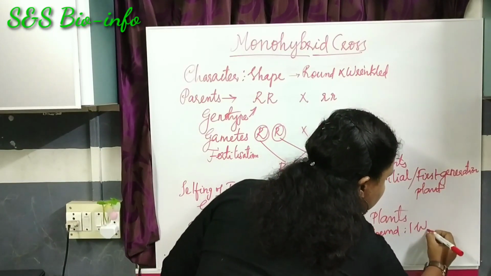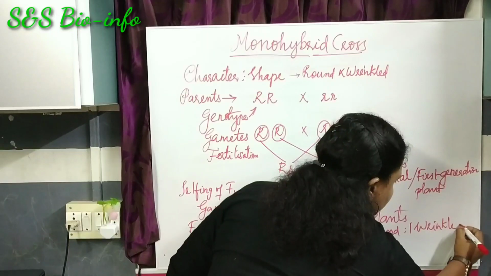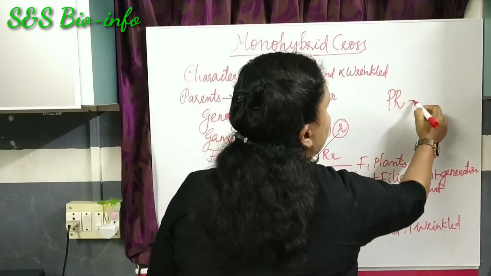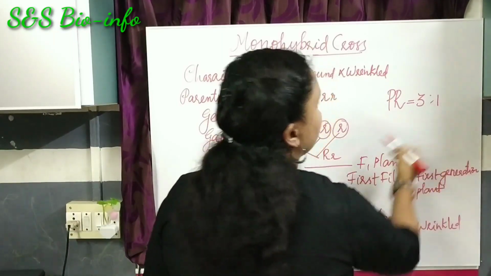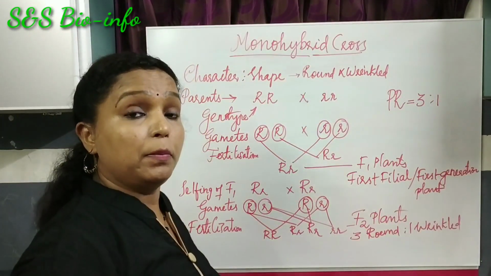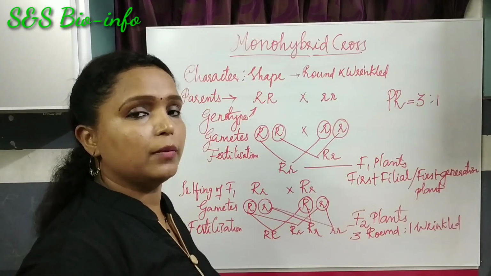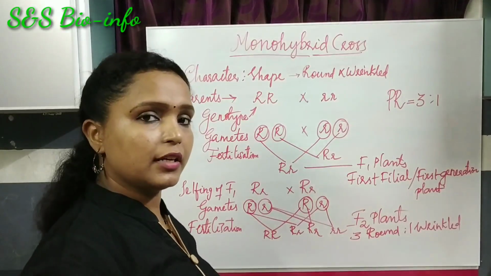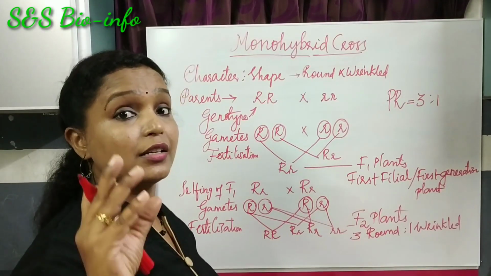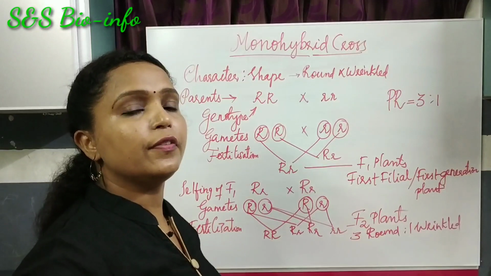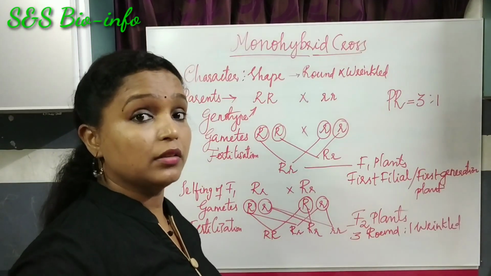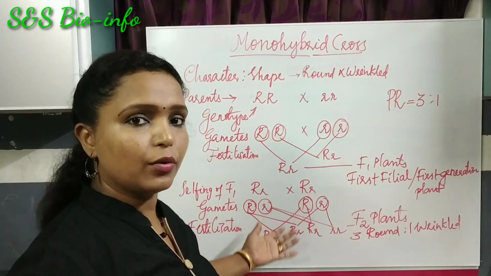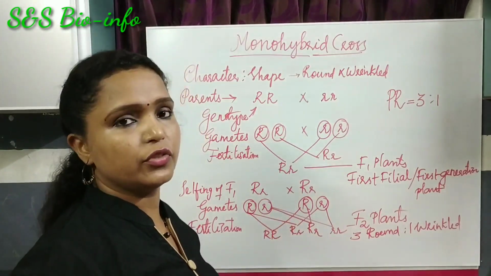The phenotypic ratio, PR, is 3:1. 75% of the plants were round in appearance, that means the seeds were round. 25% expressed the recessive trait, that is a wrinkled seed. Phenotype means the expression of the trait. The trait is expressed as round and wrinkled in the F2 generation.